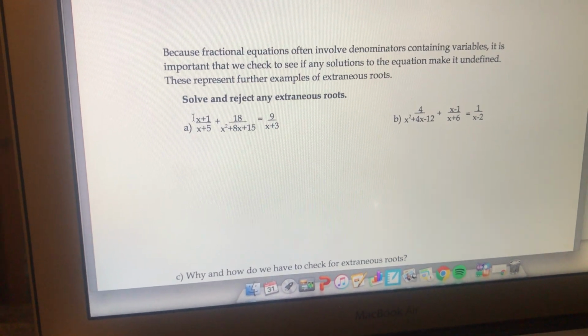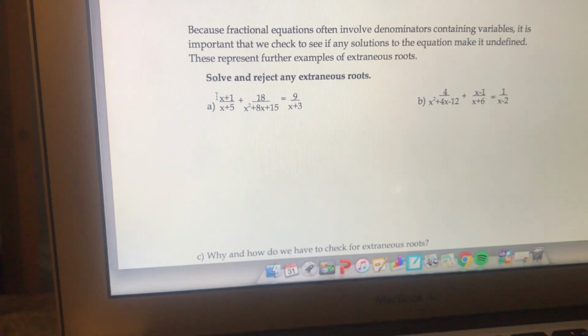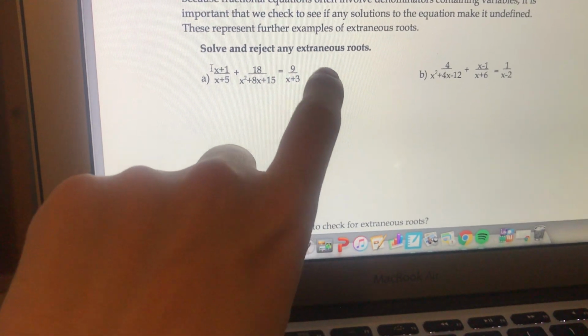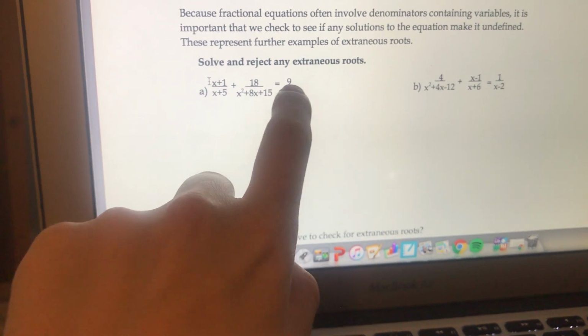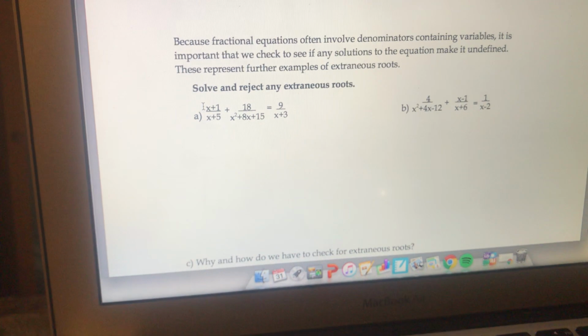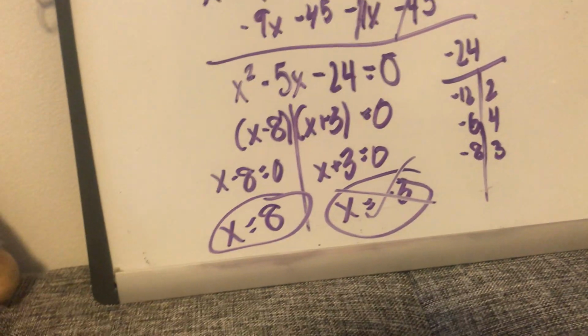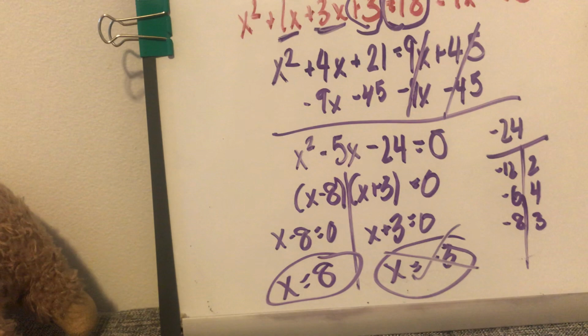If you were going to plug in negative 3 into any of those values in your denominator, is it going to give you 0? Yes, absolutely, because when I have 9 divided by negative 3 plus 3, that's going to give me a 0. And that's not possible. So that is going to be an extraneous solution. That is an extra solution. So your only solution here is x equals 8.